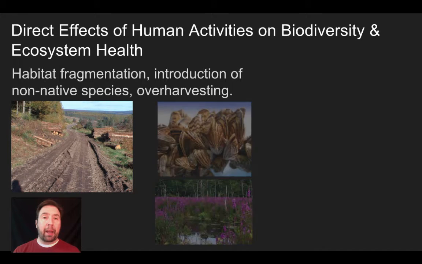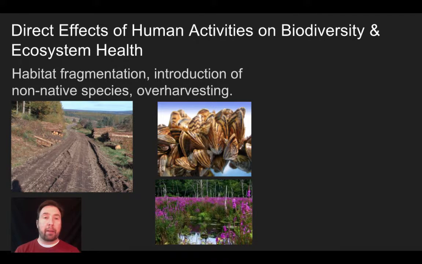Another impact that we can have is the introduction of non-native species. This is an interesting one because sometimes this is done intentionally, other times it's unintentional. So here I show the zebra mussels on the upper middle, and on the bottom middle I show you purple loosestrife. Purple loosestrife was first brought to the United States as an ornamental. It wasn't planted in wetlands intentionally, and zebra mussels were also unintentionally brought over through ships' ballasts and introduced into waterways.